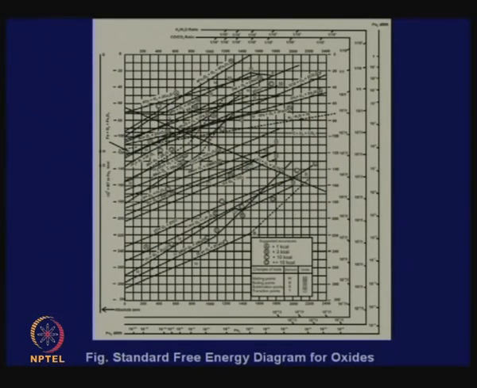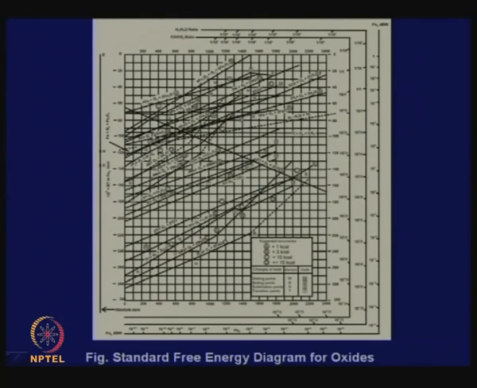There is one very interesting line which goes downwards, and this reaction is 2C plus O2 giving you 2CO. This is the only one line here which is sloping downwards. Why is it sloping downwards?